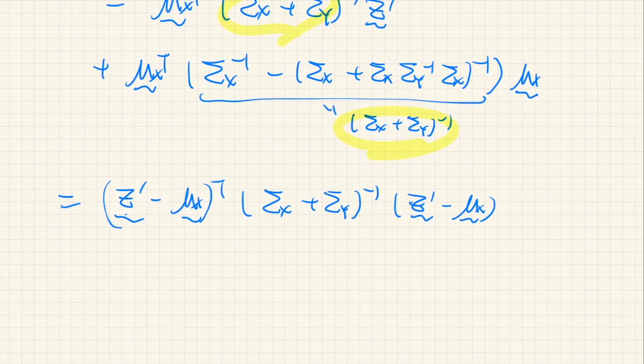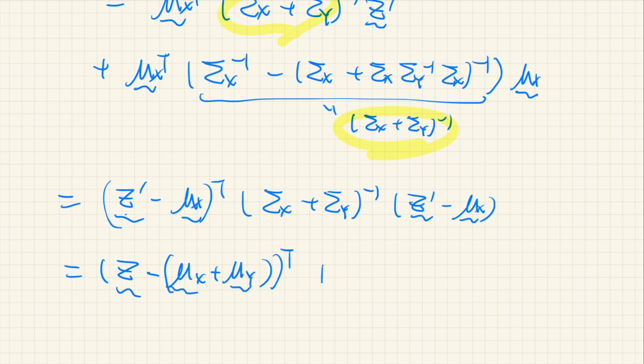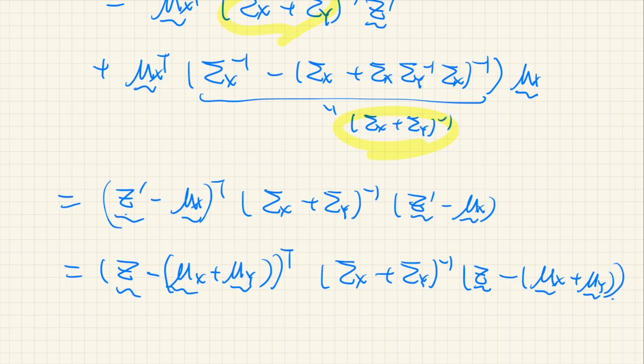So let's put z' into the original form, that is z minus μy. So we have μx plus μy here. Transpose (Σx + Σy) inverse and (z minus (μx + μy)).